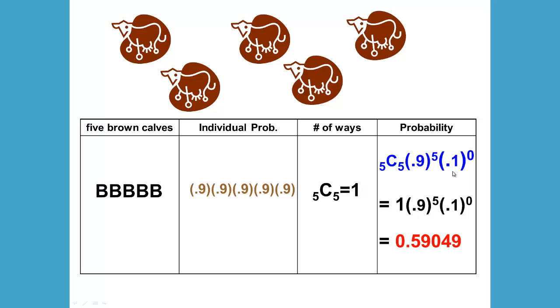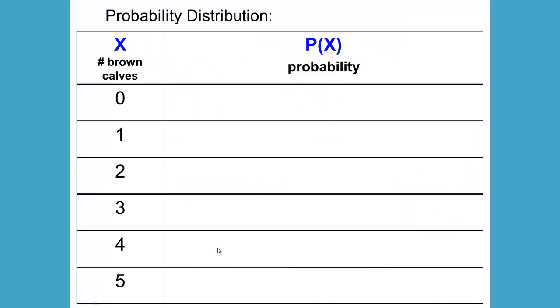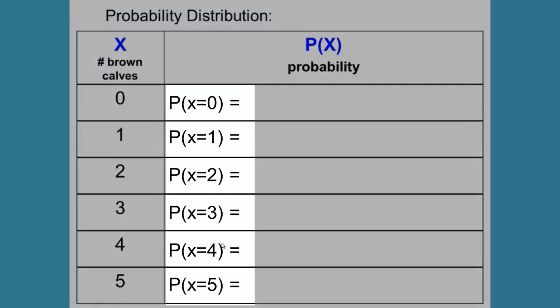And then we have this top line here as well. So let's stop here and review and create our probability distribution. We have the probability in our notation here: the probability that x equals 0, the probability that x equals 1, the probability that x equals 2, the probability that x equals 3, the probability that x equals 4, and the probability that x equals 5.